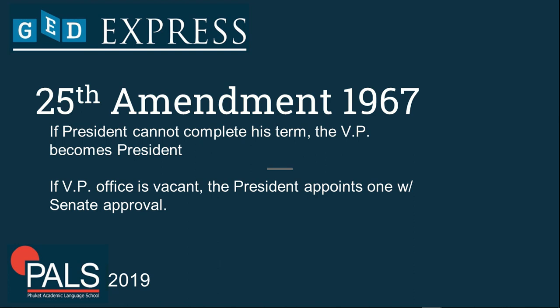If the president has an accident, or maybe is not doing his or her job, the one who will replace him or her will be the vice president. If the vice president's office is vacant, then the president will appoint one with Senate approval. As we all know, there are 100 senators in the legislature.